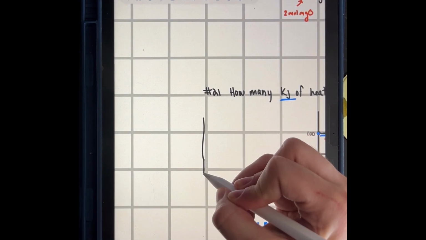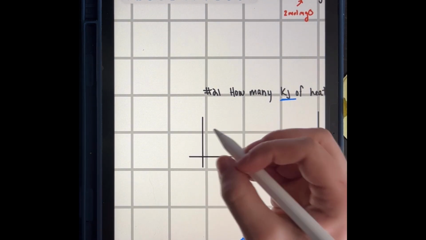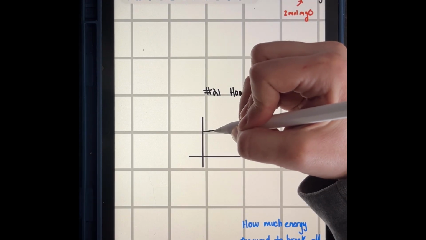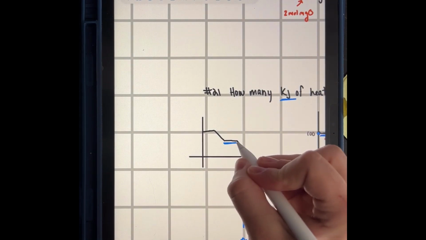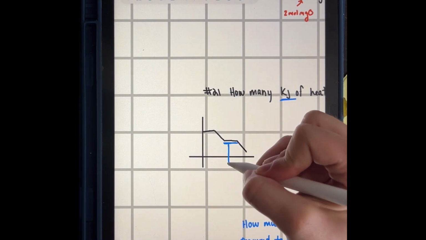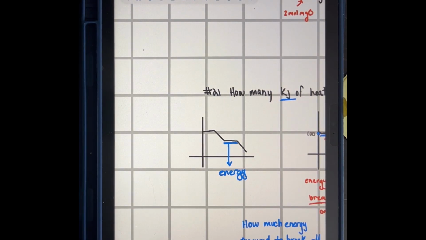Okay, it makes sense. In a cooling graph, so one where we have these going down, energy is only being released as bonds form.